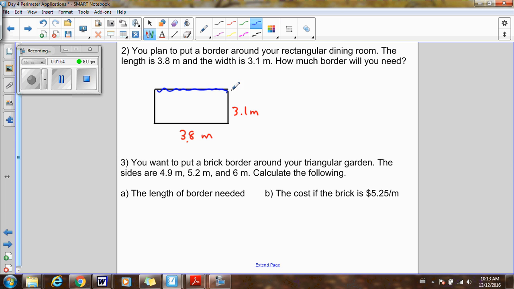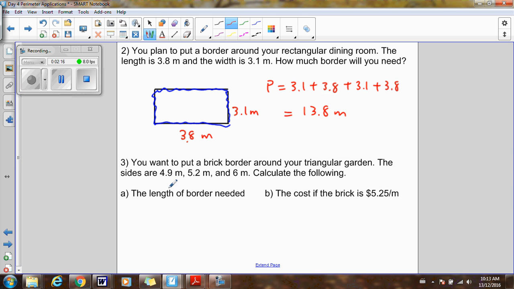So the border will be the distance around the outside of this table. Okay, so that's essentially asking us to find the perimeter again. So it would be 3.1 plus 3.8 plus 3.1 plus 3.8, and if you add them up, you're going to get 13.8 meters.